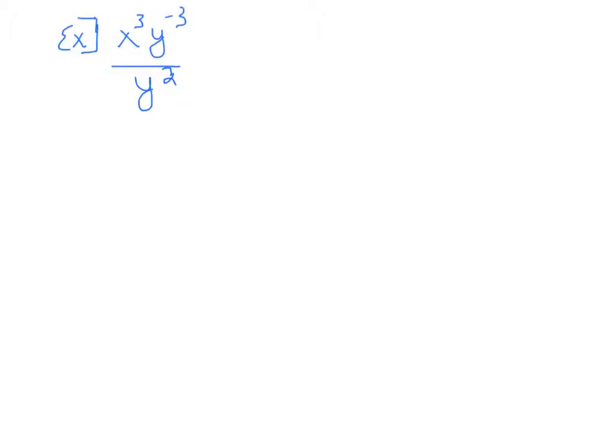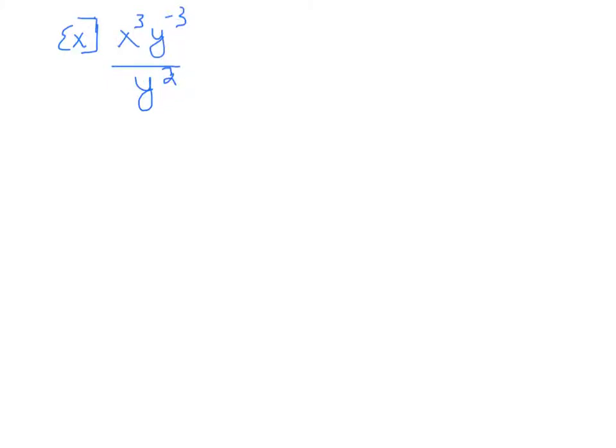Okay, so with this example, we're going to apply a little bit of a trick that I talked about in the previous one. You'll notice here that I have two different variables, and so I'm looking first and I identify, okay, this x, there's no other base x, so I'm going to leave this alone. And then I have my y here and y here. So I've got the same bases, so this negative 3 and 2 I can combine. It's power of a quotient, so I'm going to subtract these two.